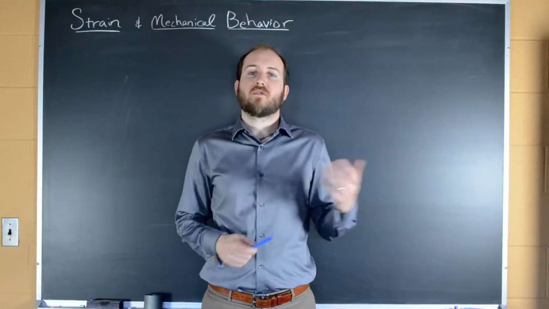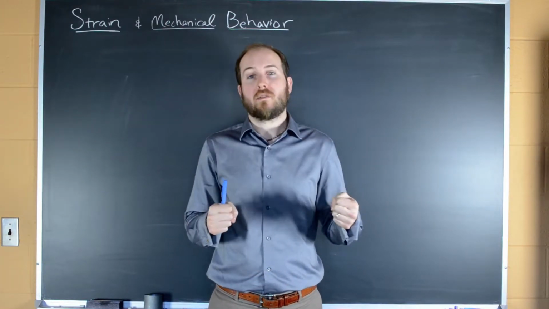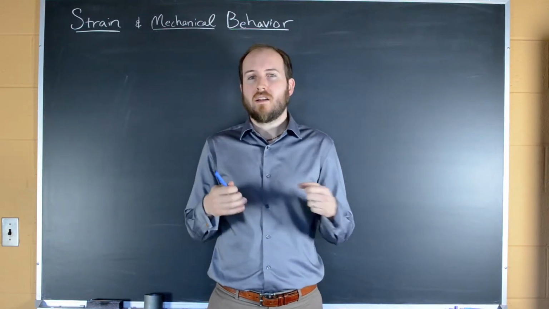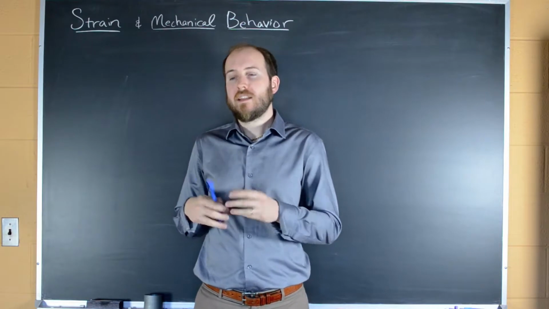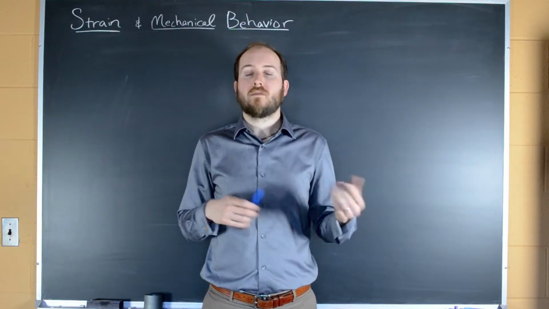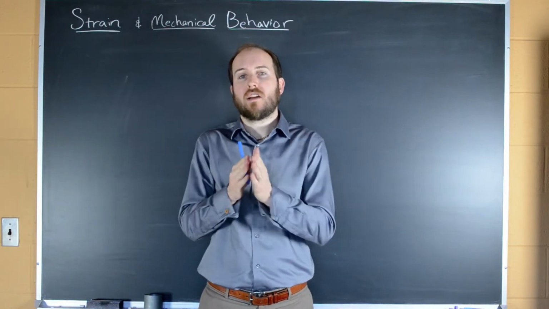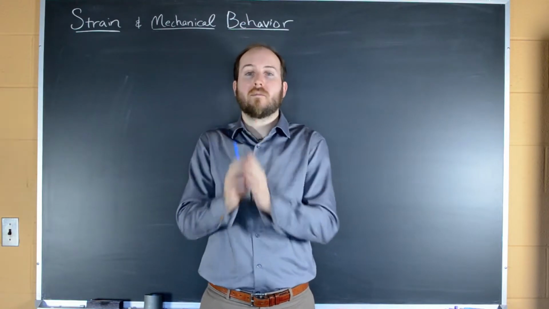So far we've discussed stress and strain. You apply an external force, it generates a stress within the material. And that stress could maybe cause the material to break, or it can cause the material to deform in some way. And so we learned that deformation can be quantified using normal strains, which shows how it changes length, or a shear strain, which shows how points within the material change the angle between them.